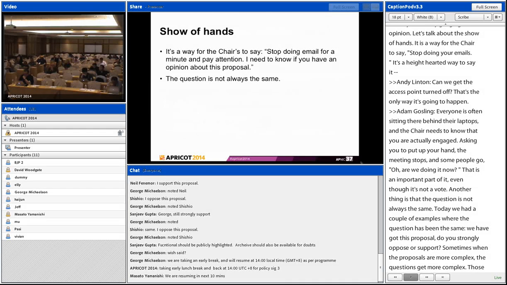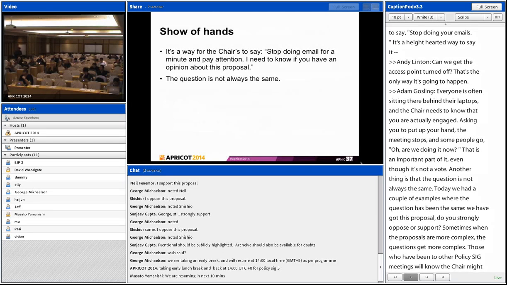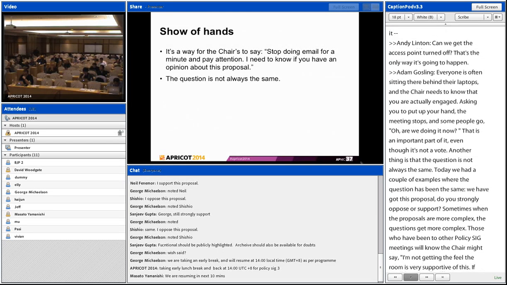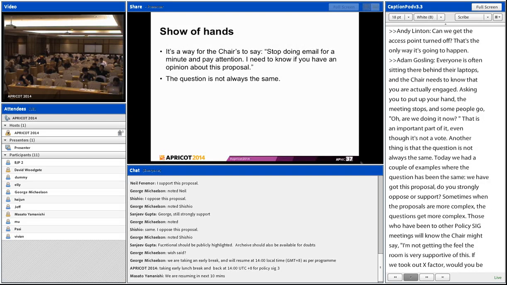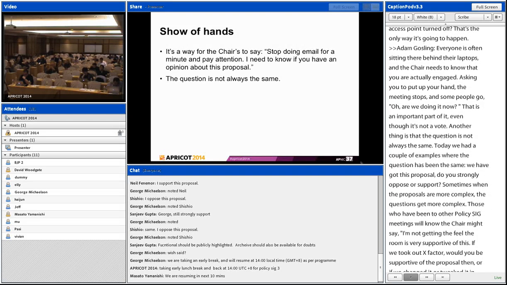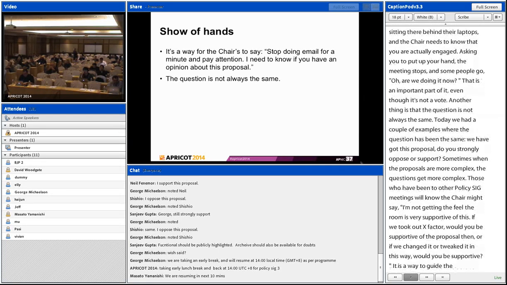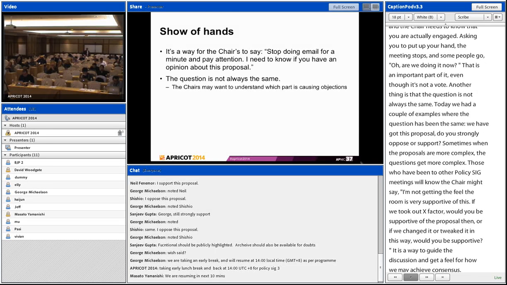If we took X factor out, would you be supportive of the proposal then? Or if we tweaked it in this way, would you be supportive? It's a way to guide the discussion and get a feel for how we may achieve consensus. So it's not the final point in the process.